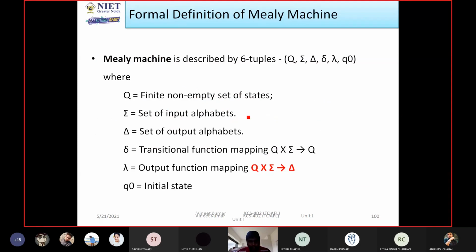So formally, a Mealy machine is described by a 6-tuple Q, sigma, delta, del, lambda and Q0, where Q is a finite non-empty set of states, sigma is the set of input symbols or input alphabet, delta is the set of output alphabets, and del is a transition function which maps Q cross sigma to Q. Can you tell me which automata has such a function, Q cross sigma to Q?